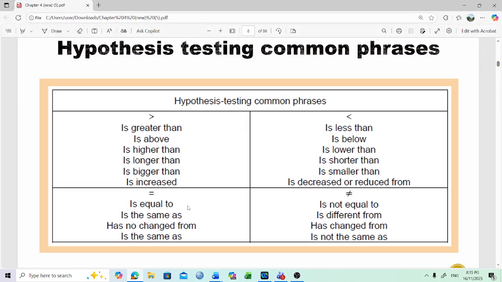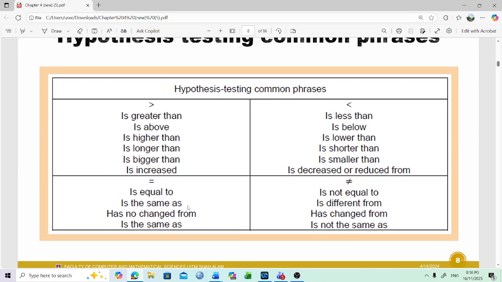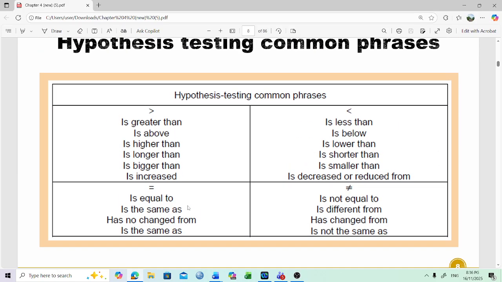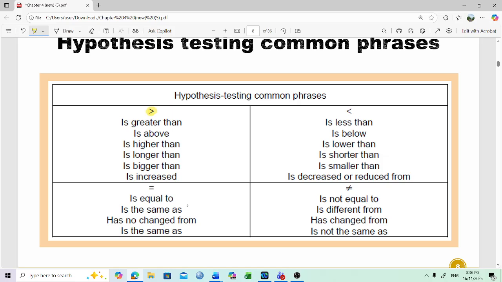Okay, this is page 8 and this is page 9. First we take a look at page 8. Here we have the greater than symbol, less than symbol, equal symbol, and unequal symbol.